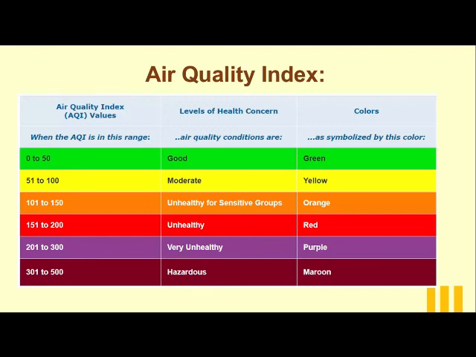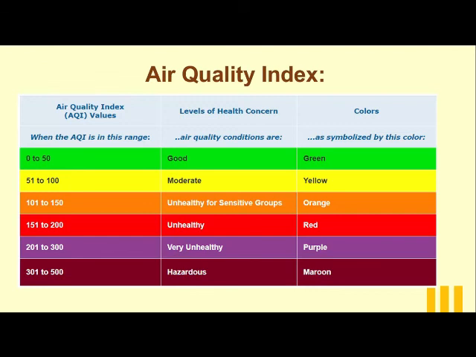When the air quality index is in the range from 0 to 50, air quality conditions are good, as symbolized by the color green. When the air quality index is in the range 51 to 100, air quality conditions are moderate, as depicted by the color yellow.